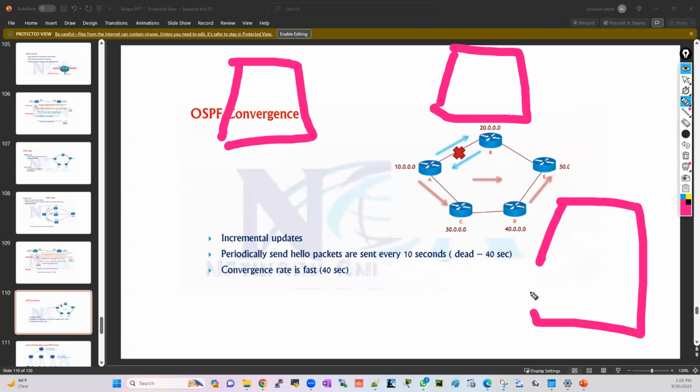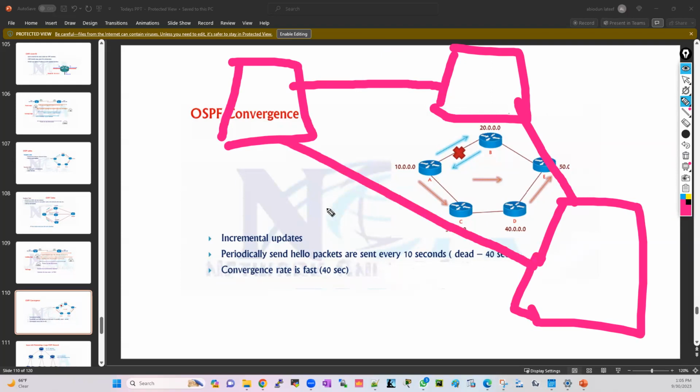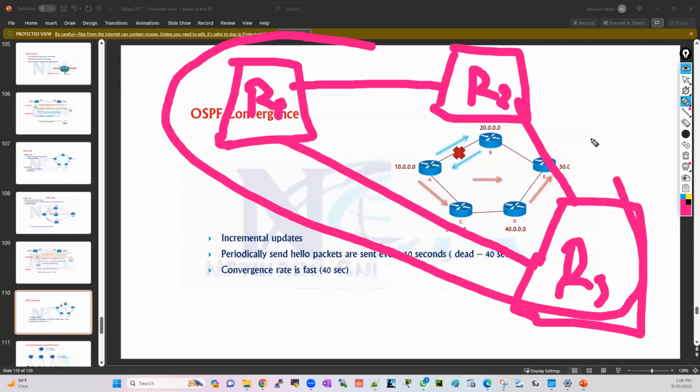To reduce the number of updates that will be sent, so that it will not be overwhelmed when there is a change in the network, because there will always be a change in the network. So area 1, area 2, area 3, no, this is router 1, router 2, router 3. Now these three routers can form an area.